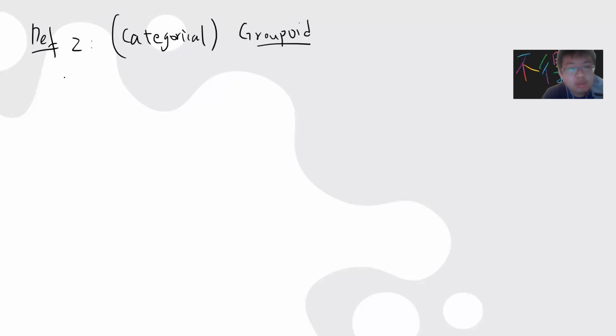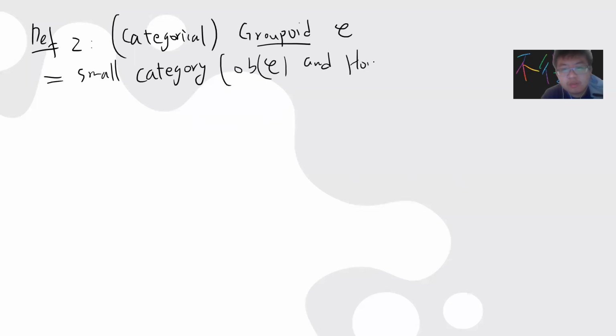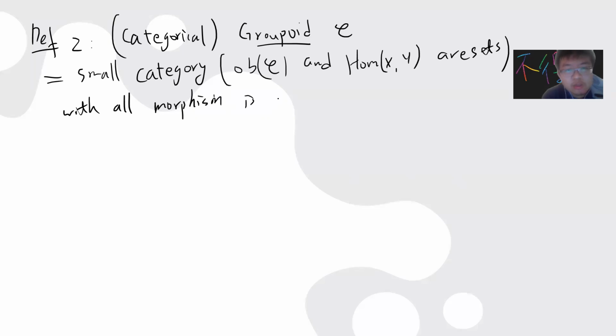Okay, so the definition is a small category. A small category, as I mentioned, basically has objects, say this is C, the objects of C, and the hom of any two objects are sets. Okay, so a small category with all morphisms being isomorphisms.